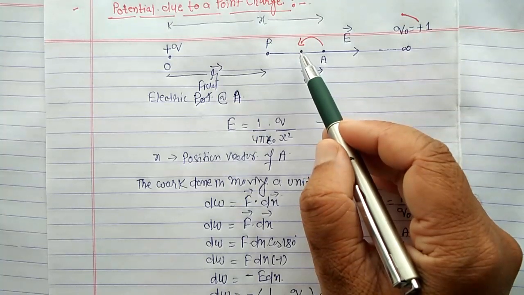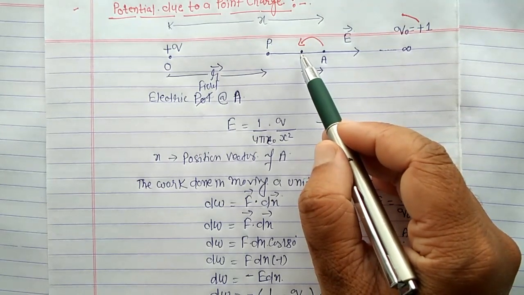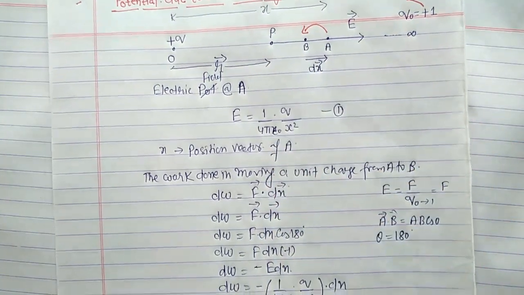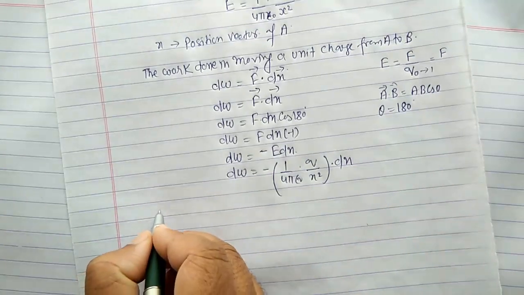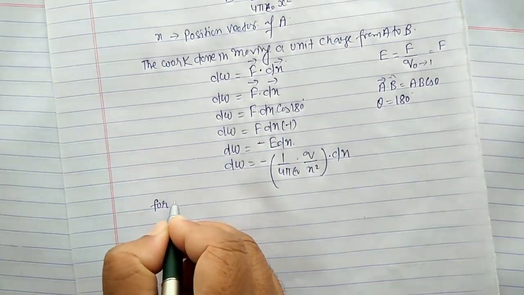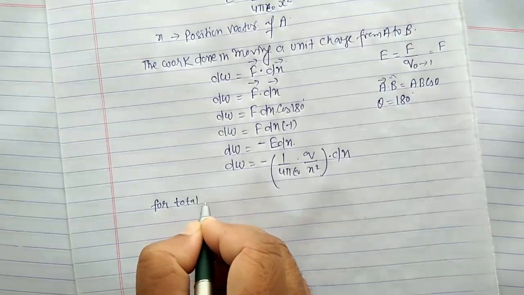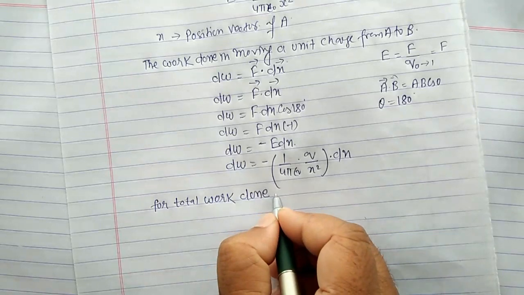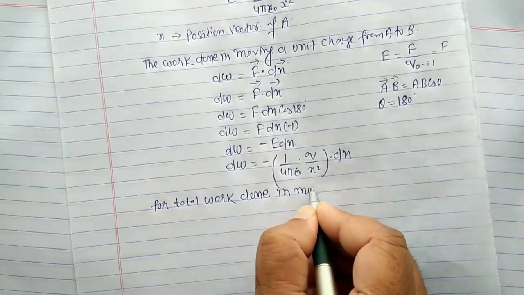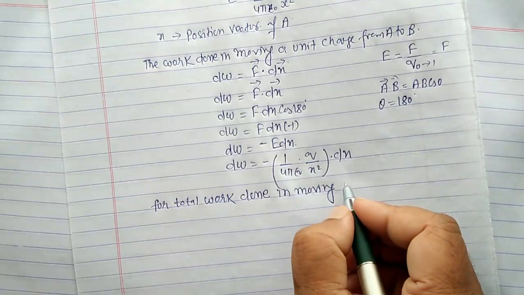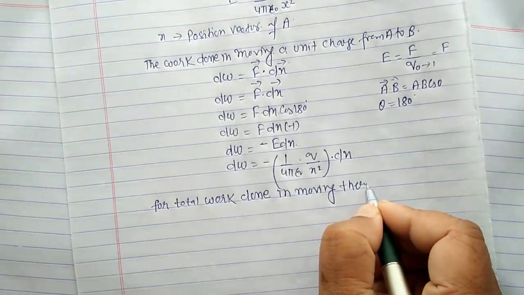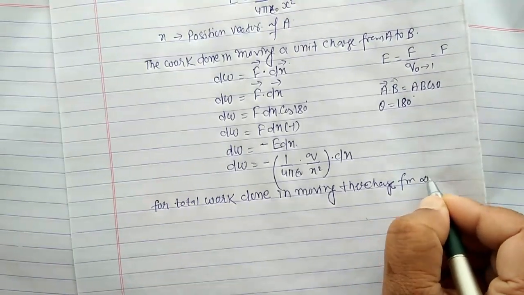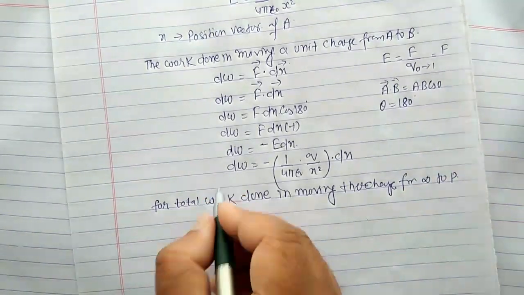But according to the definition, we have to calculate the total amount of work done in bringing this unit test charge from infinity to that point. So for the total work done from infinity to P, we have to integrate.